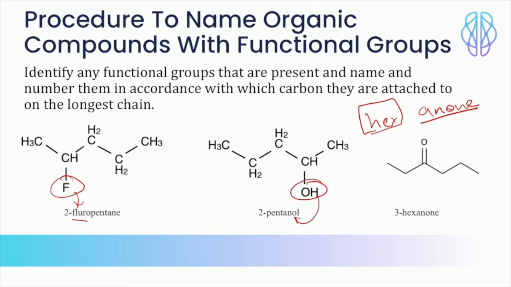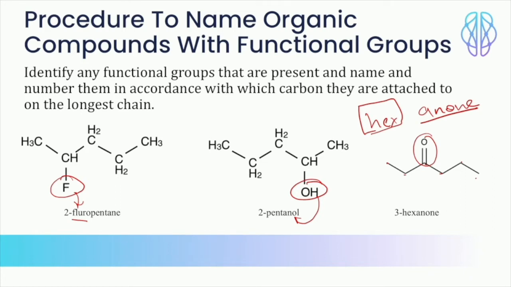But if you carry the concept of first looking for the longest carbon chain, so in this case a hex, and then looking for functional groups, and then memorizing the prefixes and suffixes for each of the functional groups, you'll pretty much be fine. So 1, 2, 3, 4, 5, 6.